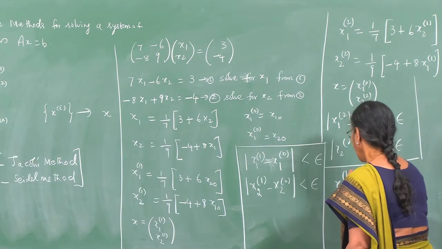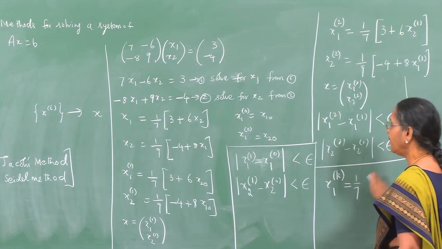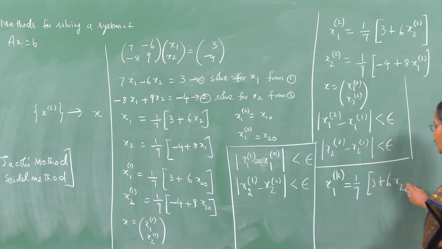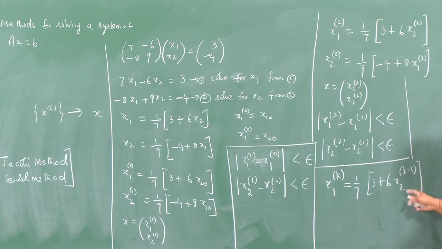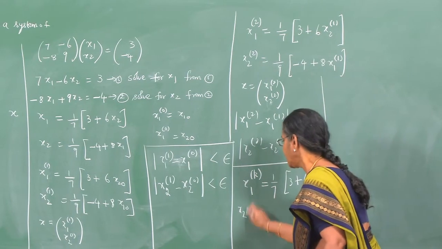At the kth step, x1k is given by 1 by 7 into 3 plus 6 times x2. What is the value of x2 that I use here? That is available to me in the previous step. So, it is x2k minus 1. What about x2k?